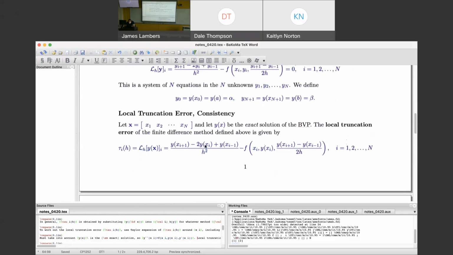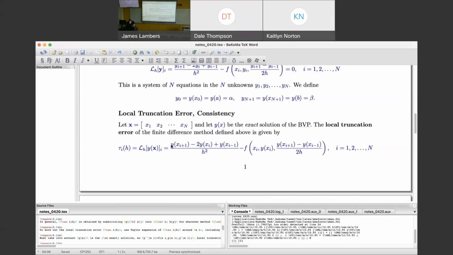For this approach, I just chose two approaches to approximating y prime and y double prime. I could have used other finite difference formulas that would lead to their respective local truncation errors.